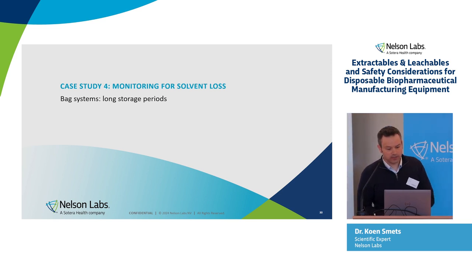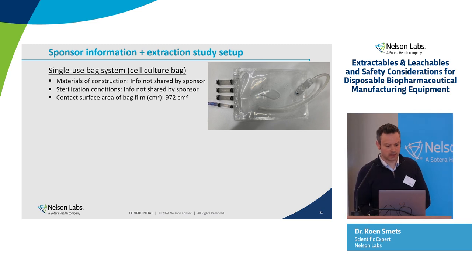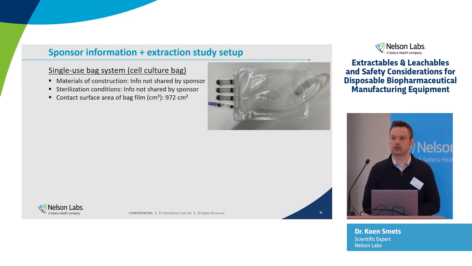A fourth case study is on monitoring of the solvent loss, and I want to discuss this first for the bag systems that are typically used for storage applications and therefore in quite long contact with extraction solvents and process solutions. This example here is actually for a cell culture bag that was requested by a supplier of the bag.